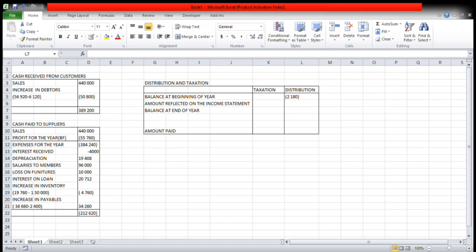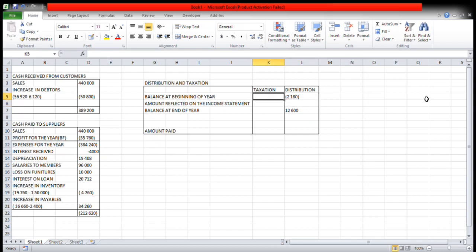The balance at the end for the distribution was 12,600. So we're going to have 12,600 here, not inside the brackets. But the amount in the income statement, that's where we're going to indicate it inside the brackets.